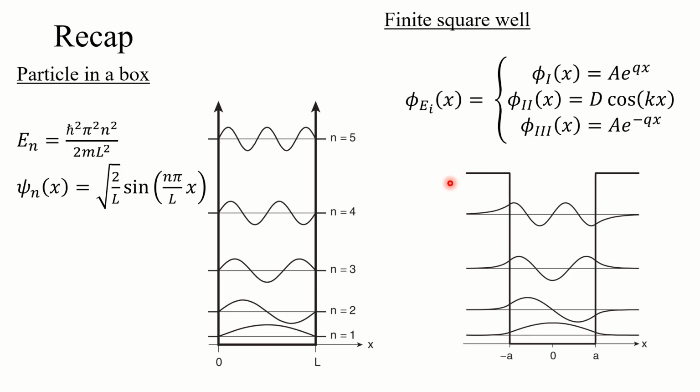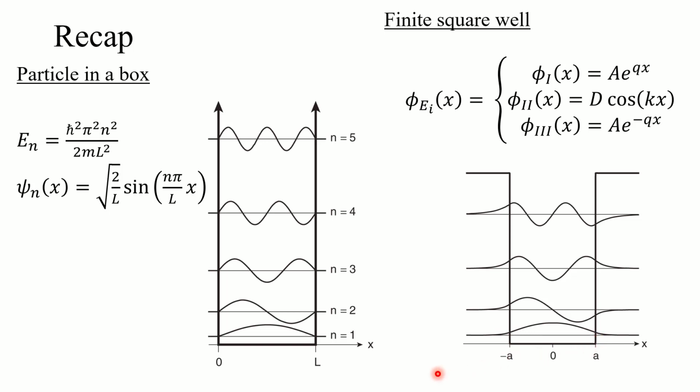If we brought this potential down to this level, this would no longer be a bound state. It would be an unbound state, and we'd only have 3 bound states inside that well. Likewise, we could keep bringing it down. One of the things we saw, though, is we would always end up with at least one bound state if there was a potential, no matter what the size was.